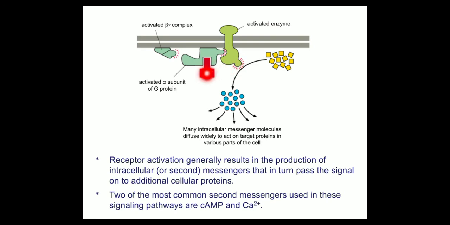After that, further downstream processes take place, and many intracellular messenger molecules diffuse widely to act on target proteins in various parts of the cell. This is the basic mechanism here.